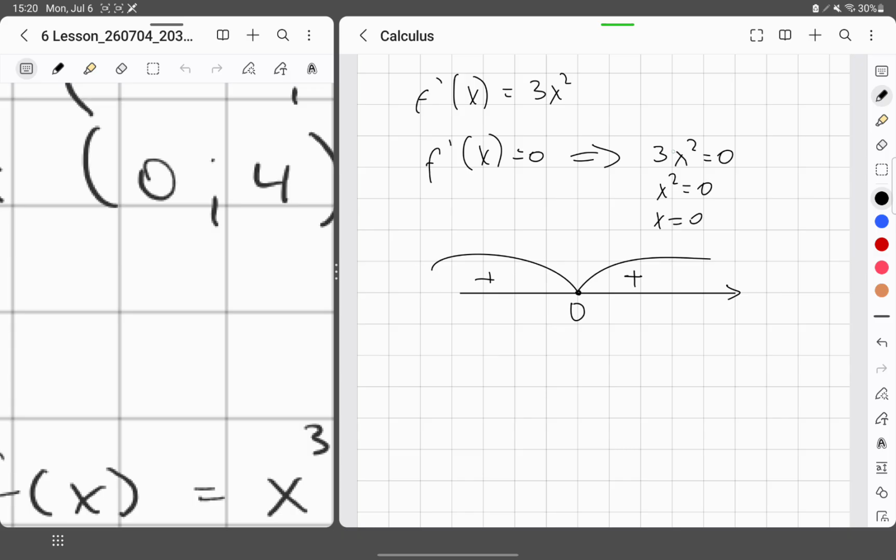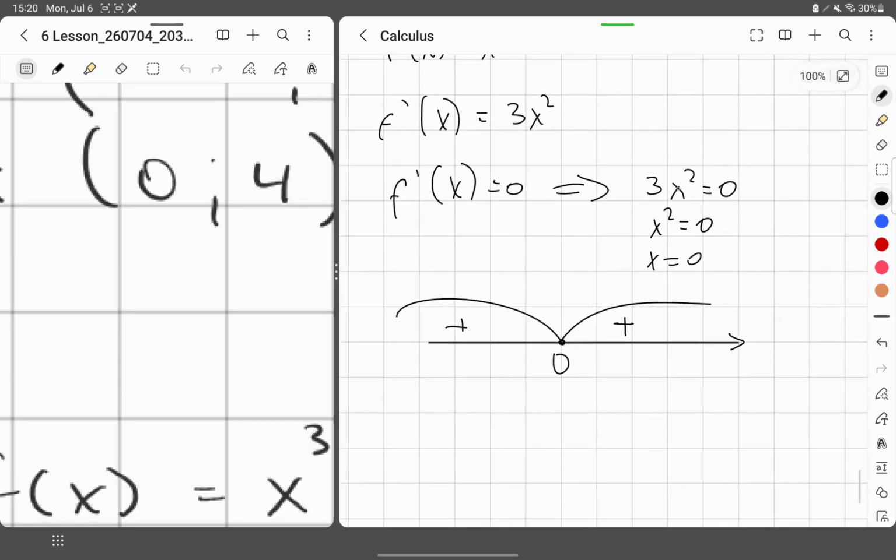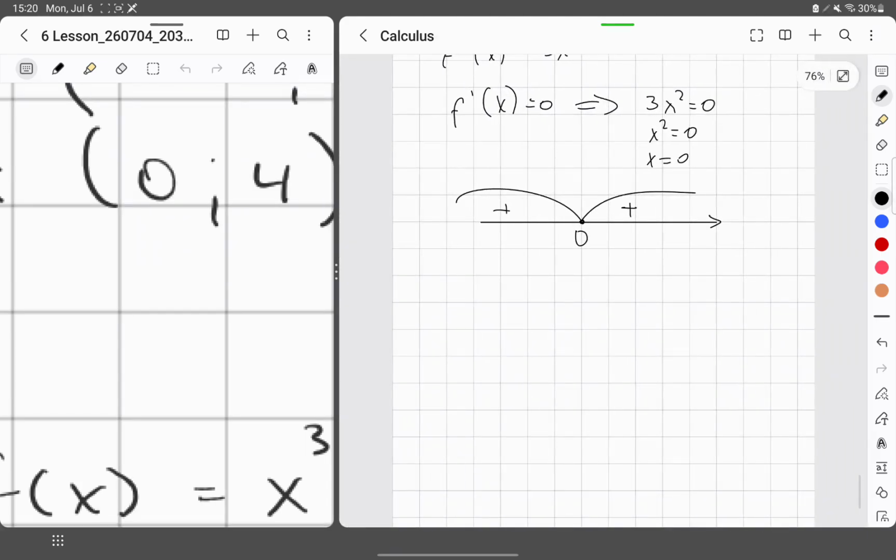But the coefficient of our x squared is positive, and there is nothing negative in this function. And if we put a negative number, that will still be positive because of the even power. So that's why both sides will be positive. That is our rule from the inequalities, if you remember.